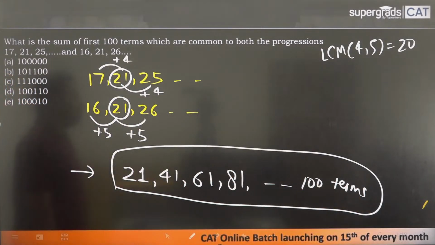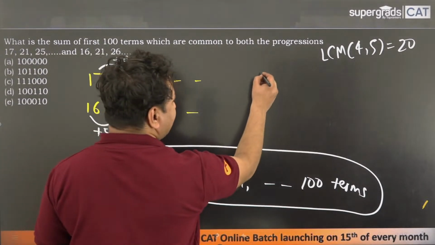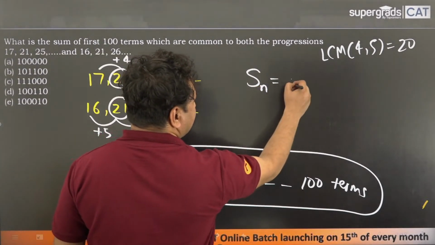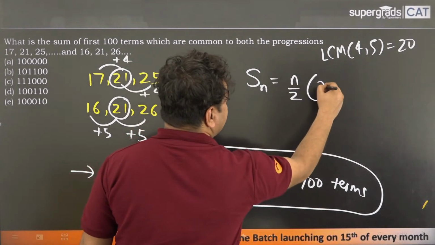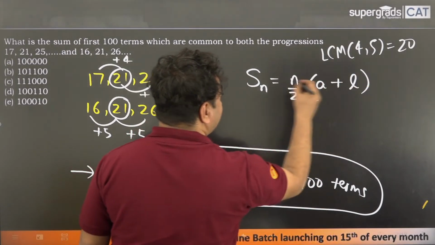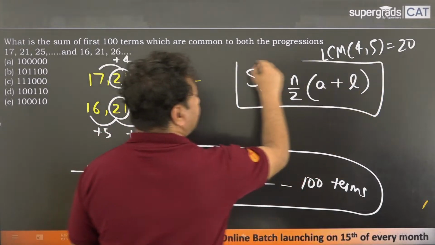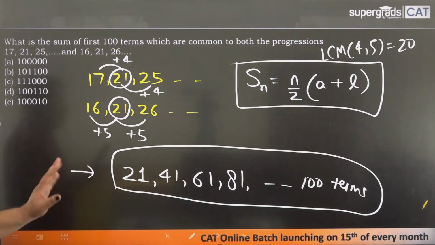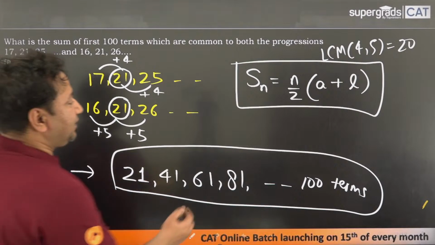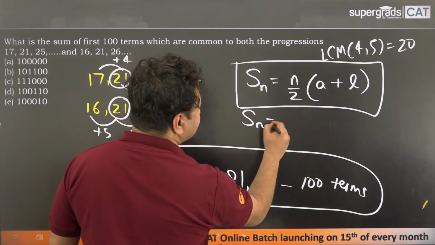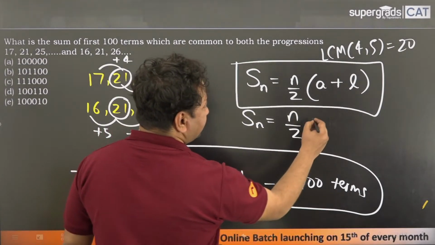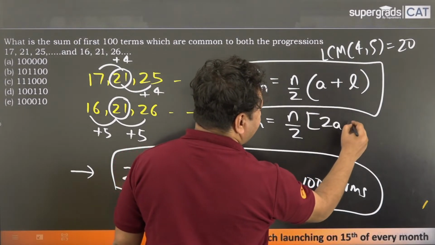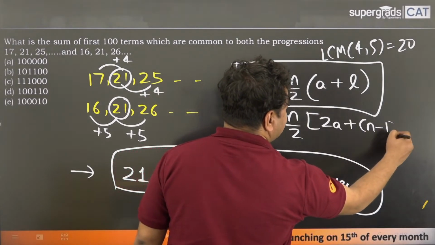Now all of us know that the sum of n terms in an arithmetic progression is given by n by 2 times (a plus l). Right? All of you know that? n is the number of terms, a is the first term, and l is the last term. Here we don't know the last term, so we can use another formula, which is n by 2 times (2a plus (n minus 1) times d).